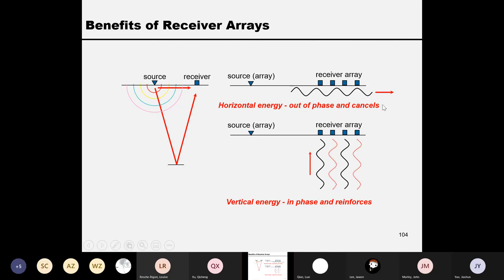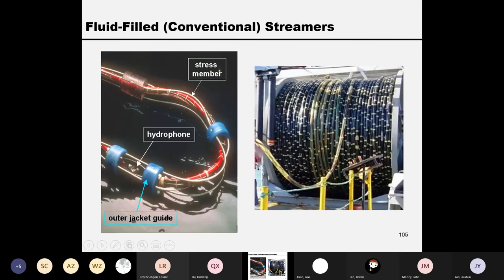You can cancel horizontal wave components, right? You first imagine your wave decomposes into vertical and horizontal ones, so the horizontal cancels, and then you sum this together, you enhance the vertical component. That's the way. Reinforce each other.